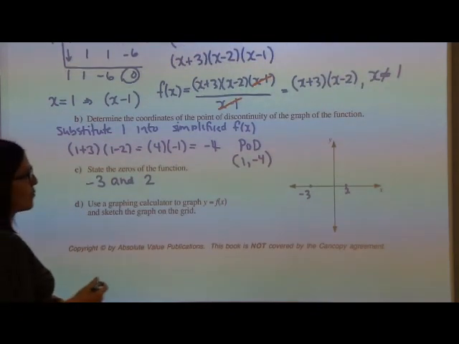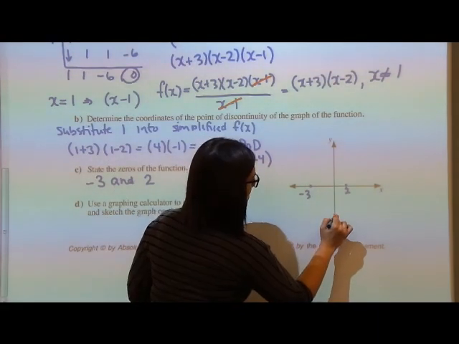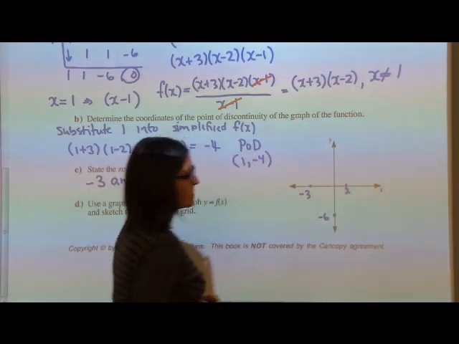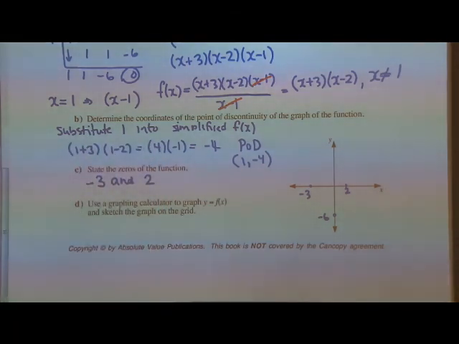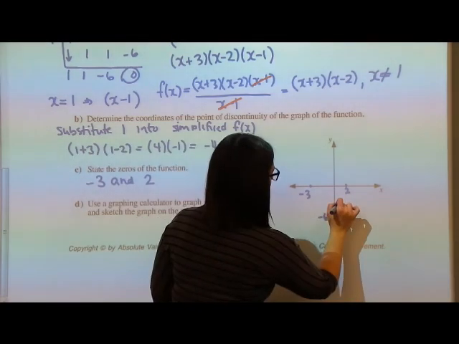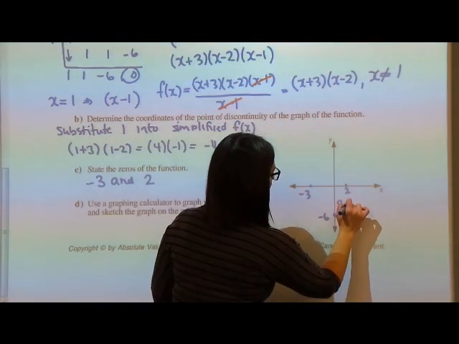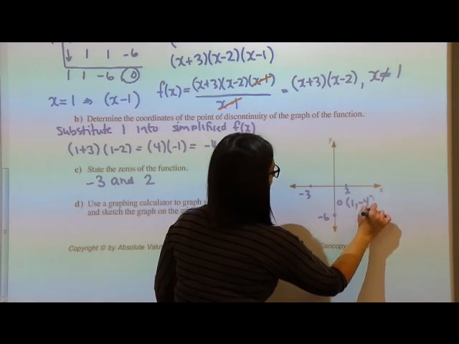So I know that I have a point of 0 and -6. And then I also know that I have this hole in the graph, which is at 1 and -4.